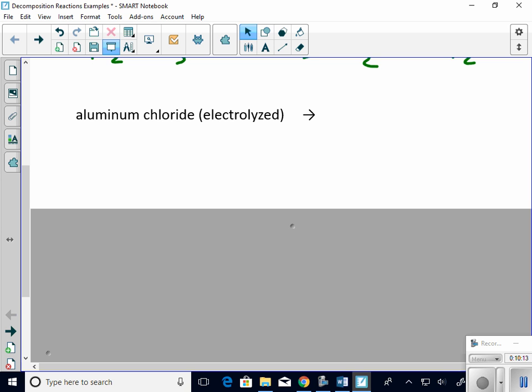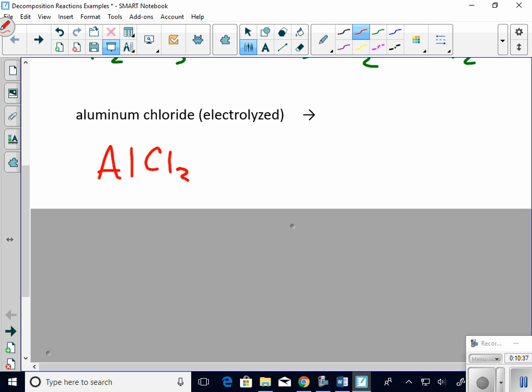Binary compound, heated or electrolyzed, will yield constituent elements. What's that mean? Just the two elements. So, I have aluminum chloride. Aluminum is a 3+. Chloride is a 1-.